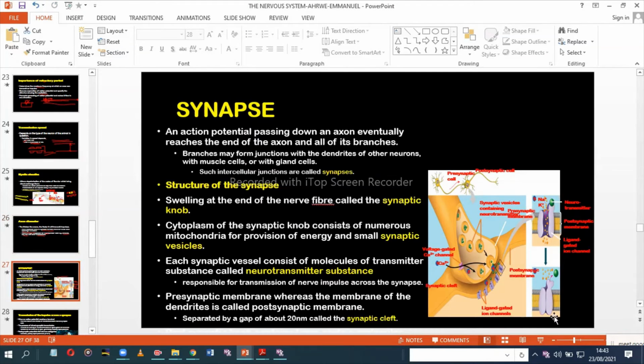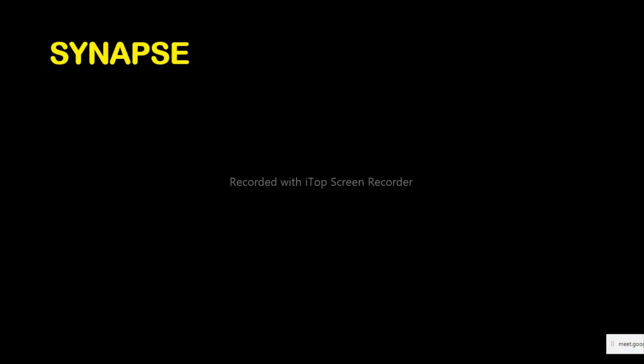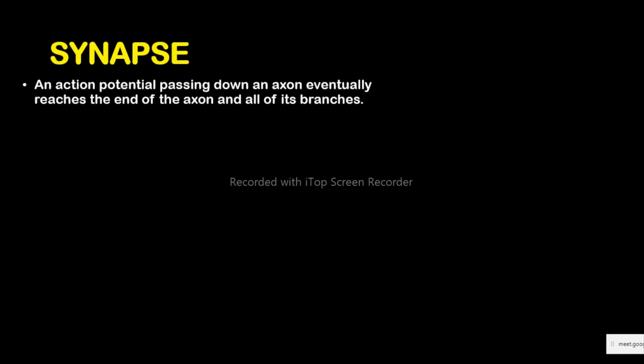Now with the synapse, if you remember our introductory part, that drawing, that structure, that picture that I put in the background, it was a synapse. And what is it? It is that point, okay, where a given neuron, a given axon terminates to another axon or to another neuron.